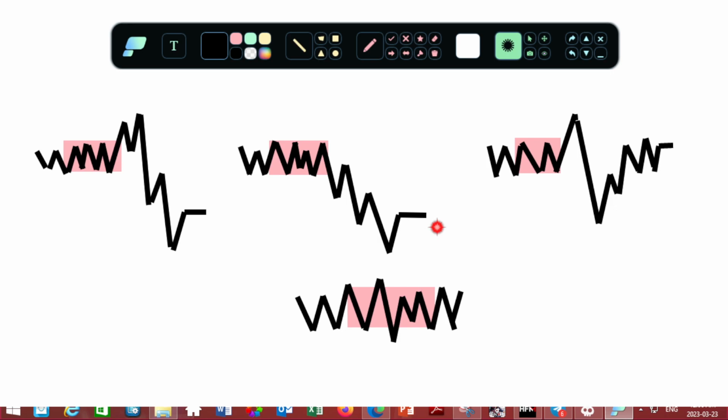Liquidity is being engineered above the Asian range and below the Asian range. You can see that this range is very crucial as to how prices are going to unfold during the day.